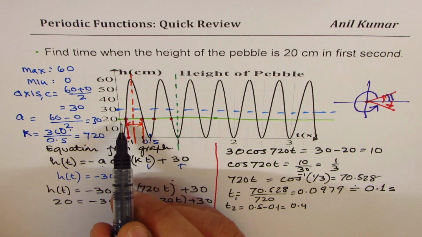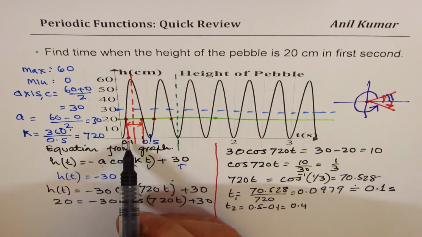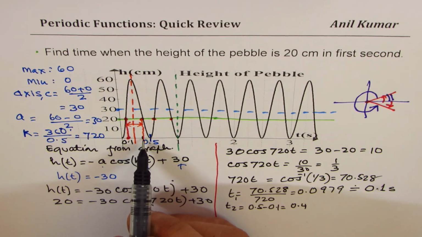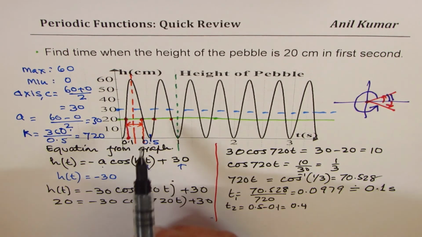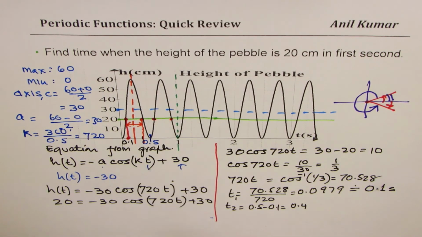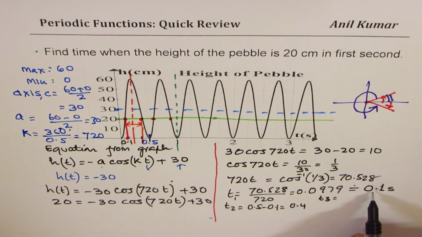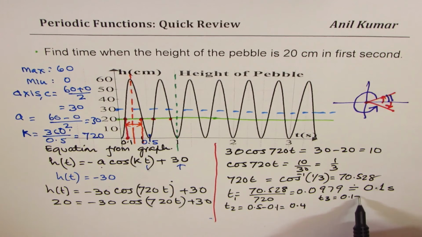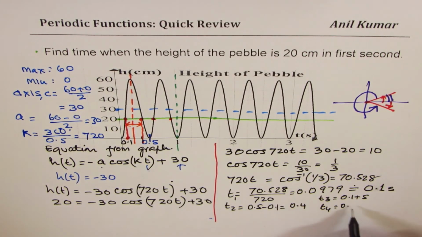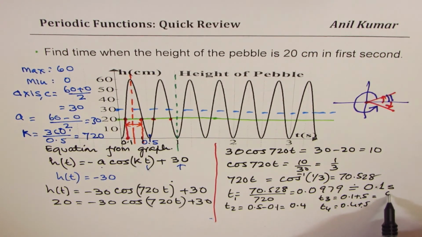So these 2 points are at 0.1 and 0.4, correct? For the next 2 points, we will add the time period, right? So T3 will be 0.1 plus 0.5, and T4 will be 0.4 plus 0.5, correct? So that gives us 0.6 and 0.9.